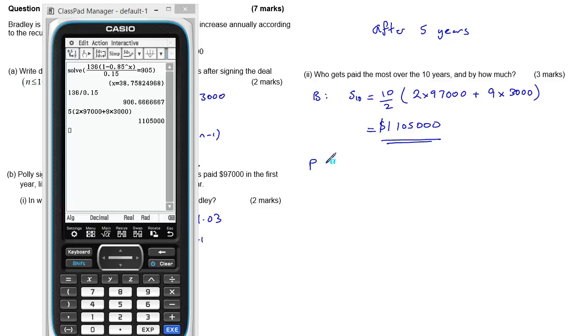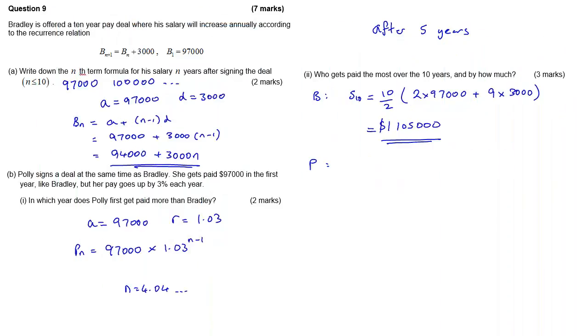Now let's look at Polly. Now remember, hers is geometric. So the sum of 10 this time is going to be A into 1.03 to the 10 take away 1 over 1.03 take away 1.